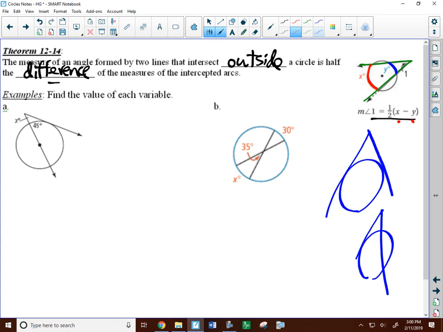Okay, here's some examples. In A, the progression you should look for, in what we've done so far: do you have a central angle? So for example, I'm looking at A. Nope, it has to be coming from here. Do we have an inscribed angle? Nope, it has to be an angle like that, vertex on the circle.